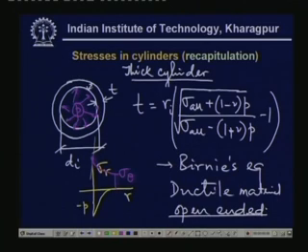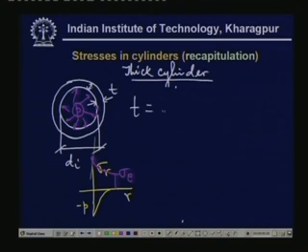This is very important. If it is closed-ended, then of course in addition to sigma r and sigma theta, there will be another stress, that is sigma z, the longitudinal stress, which we have not considered here. But if you consider the longitudinal stress, and apply the same strain considerations, that is, the material fails if a maximum strain is exceeded, then we will have to use another formula, the Clavarino formula, and that looks something different.